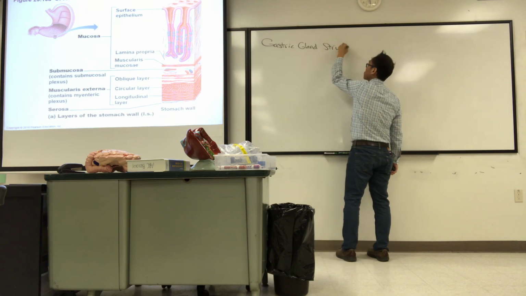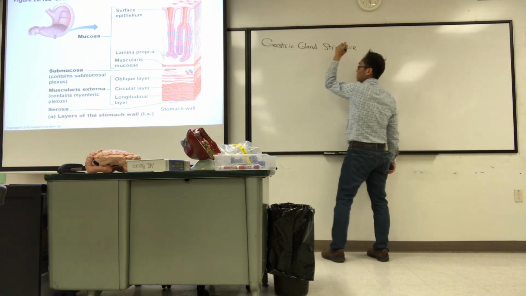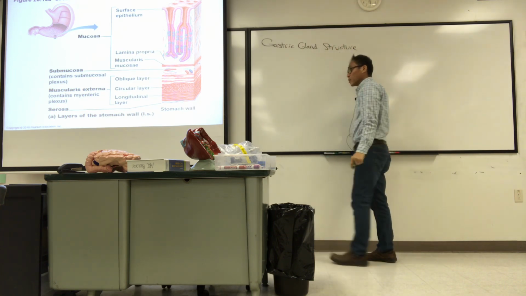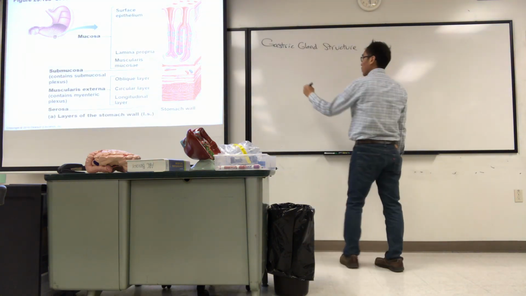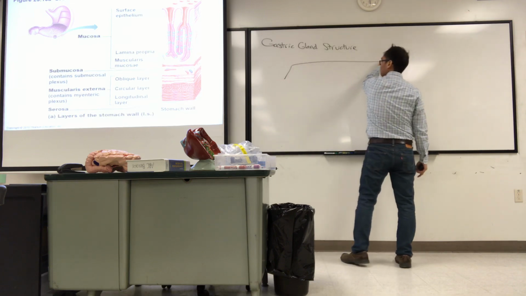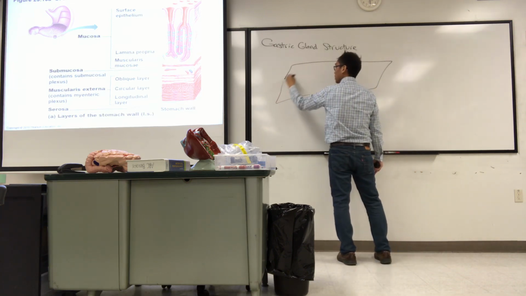Gastric gland structure in the mucosa. So look at the figure. We're looking at the top, just the mucosal layer. You see how it's all folded in, where the surface epithelium looks pitted.